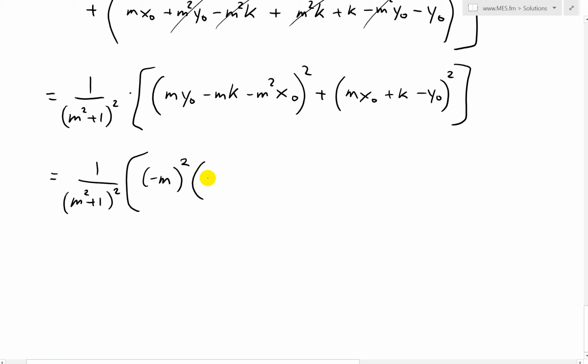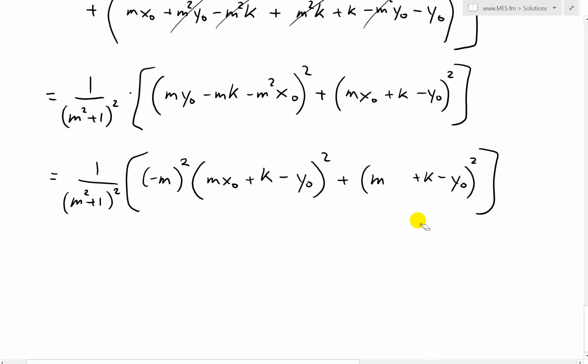So we have an mx0, and then it's going to be plus k, because we took a negative m out. Now we have a negative out of this one, so we have a negative y0, squared, plus now we have (mx0 + k − y0) all squared.